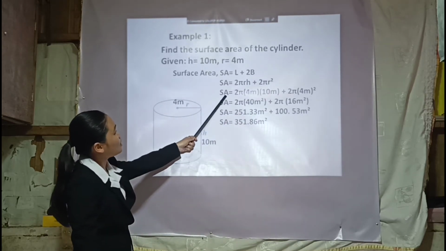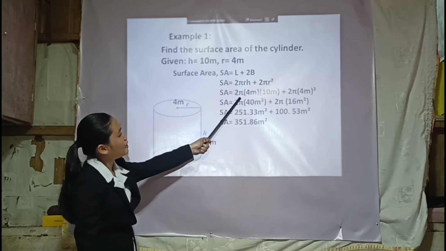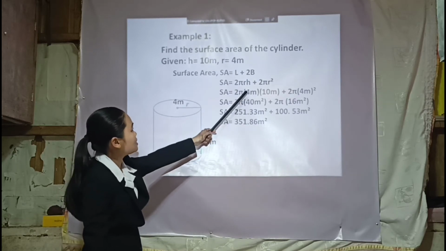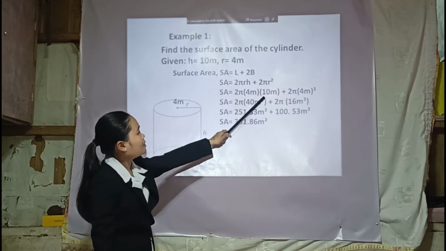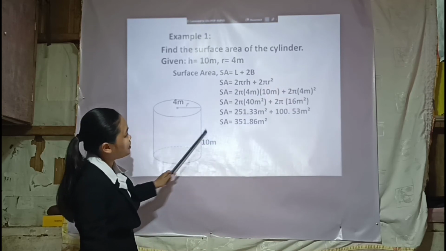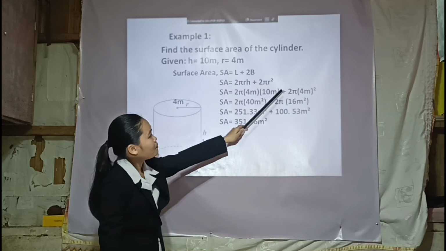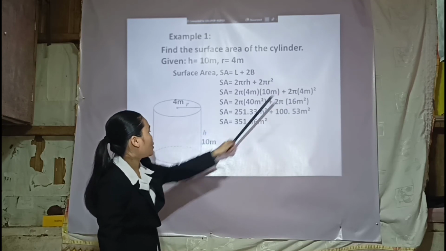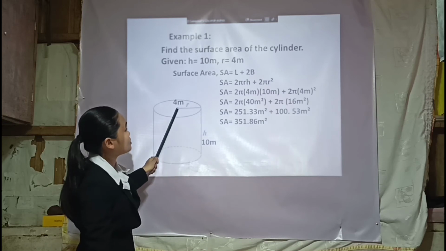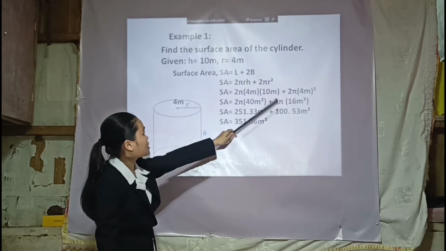Surface area equals 2 times pi times 4, since the value of radius is 4, times 10, because the height is 10, plus 2 pi times 4 meters squared.